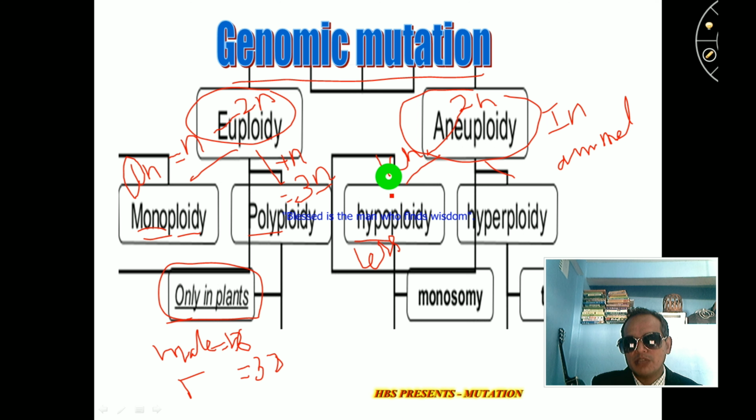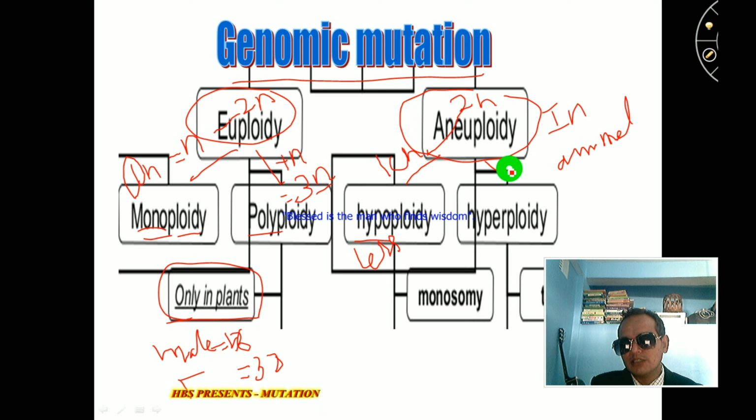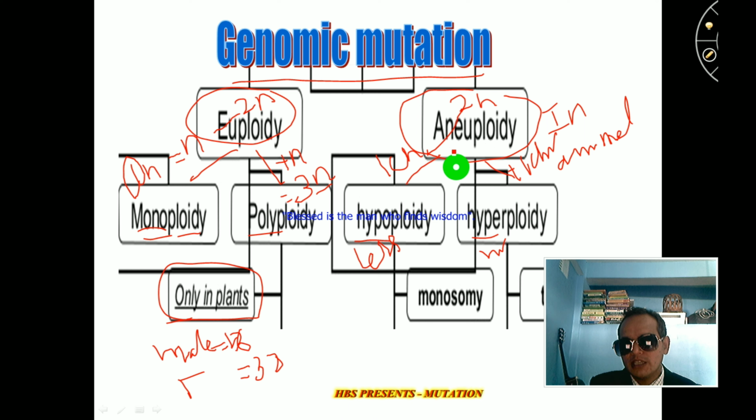Okay, one chromosome is reduced, then it forms hypoploidy, less than 2n number of chromosomes. Whereas here in the 2n, one chromosome gets added, then it leads to hyperploidy. What does hyper mean? More. So if this aneuploidy occurs in human cells, we will have more than 46 chromosomes. If it occurs in human beings, then we will have less than 46 chromosomes.